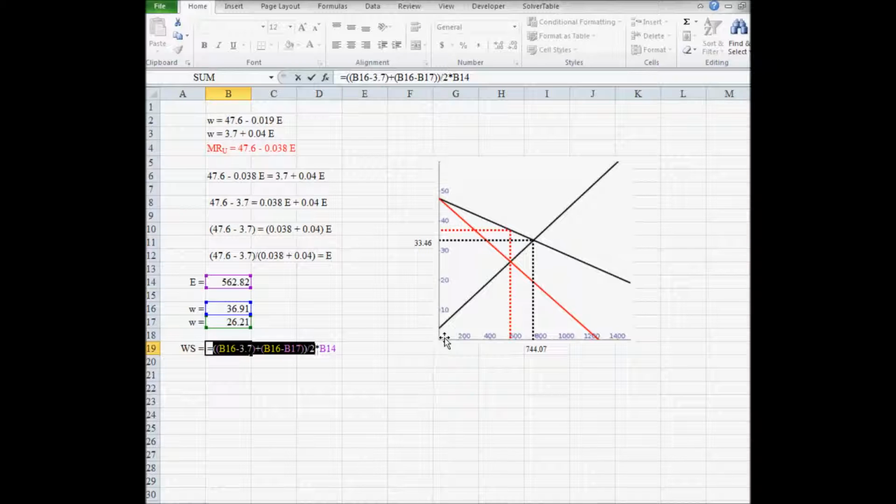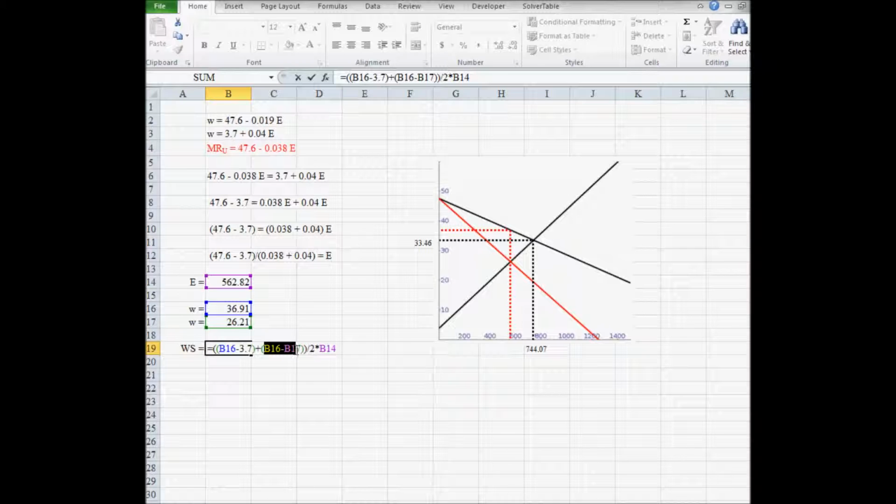The value in the shaded box is the average of this height and that height. The first height is the wage of the union minus the intercept of labor supply.